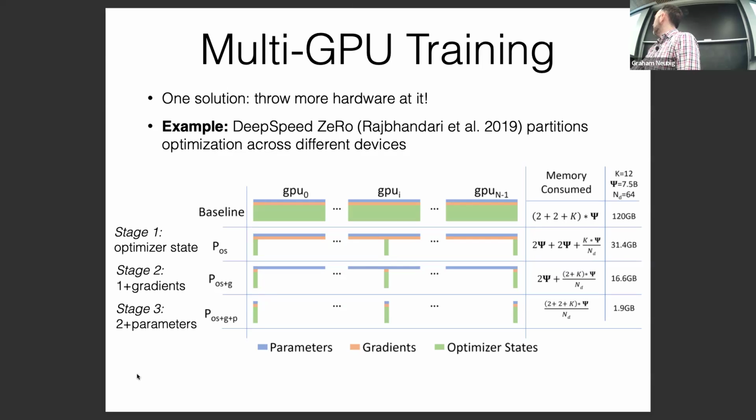If you do this for the parameters, you can do even more. You can get it down to ridiculously small values, but this is going to be very expensive in terms of moving things around so that you can calculate your gradients appropriately. So by default, if you can go to DeepSpeed with stage 1 or stage 2, you can spread this across different devices and train models.